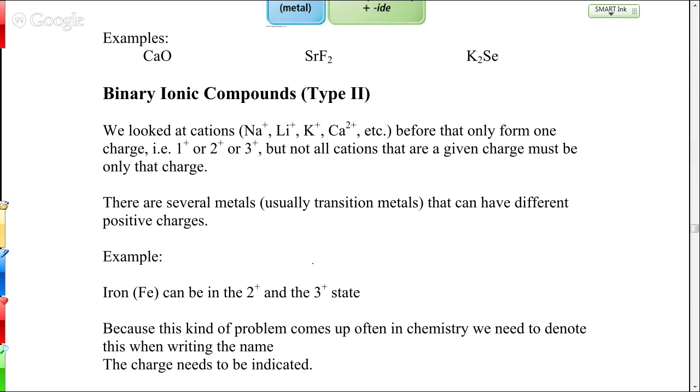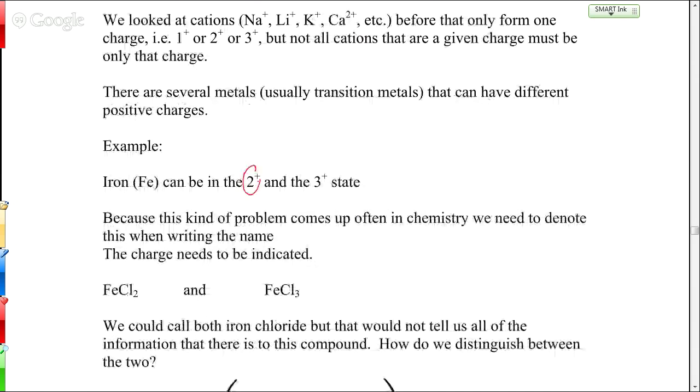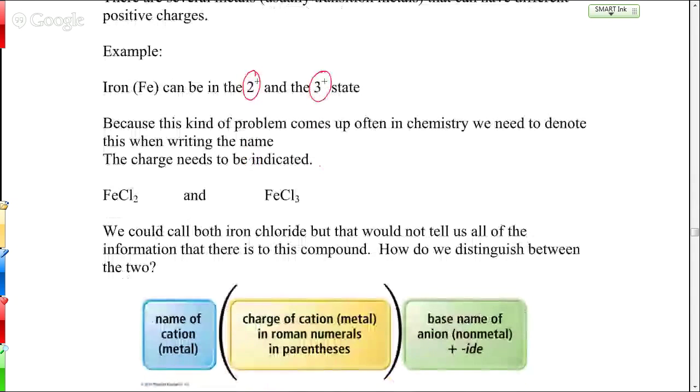So example, iron can be either 2+ or 3+. Two different ions can be formed by iron. And so we need to have a different way of naming so that we can differentiate these two compounds, because they're actually totally different compounds. They have different ways of reacting. They look different. They need to have different names so that we know which one's which.